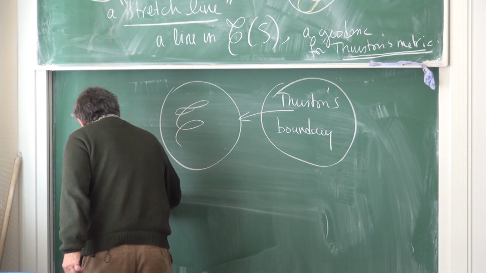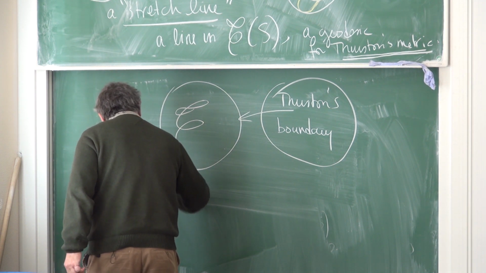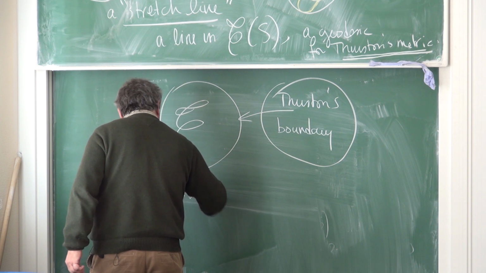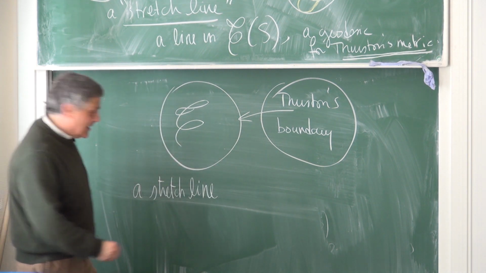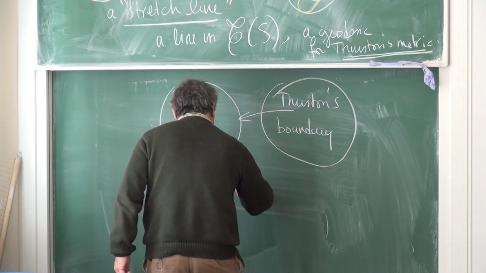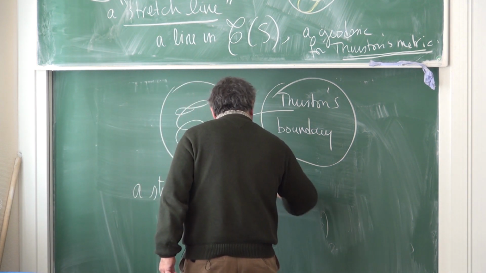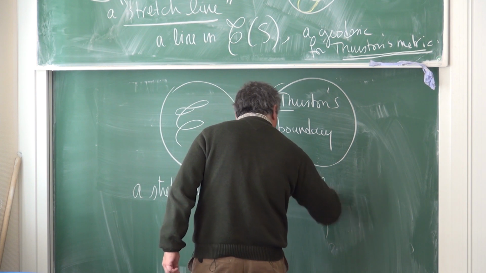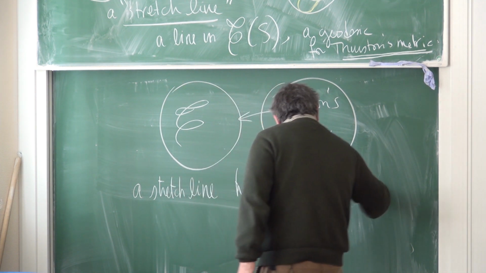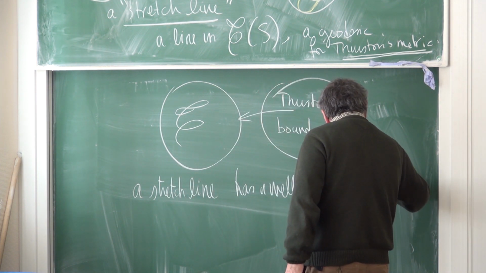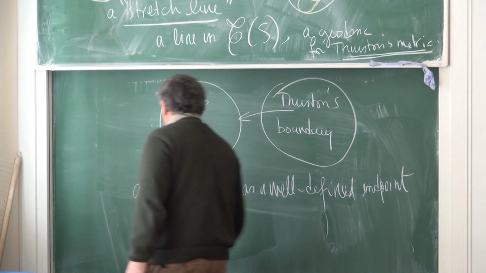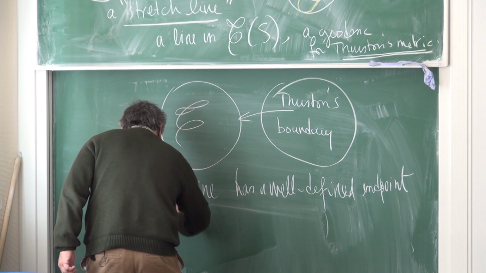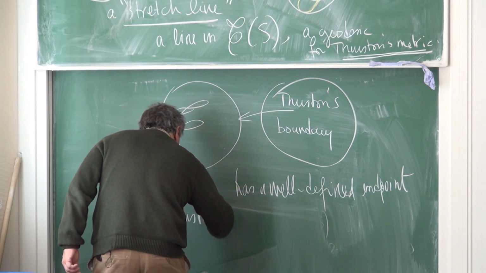It says that a stretch line has a limit, a well-defined endpoint on Thurston's boundary.